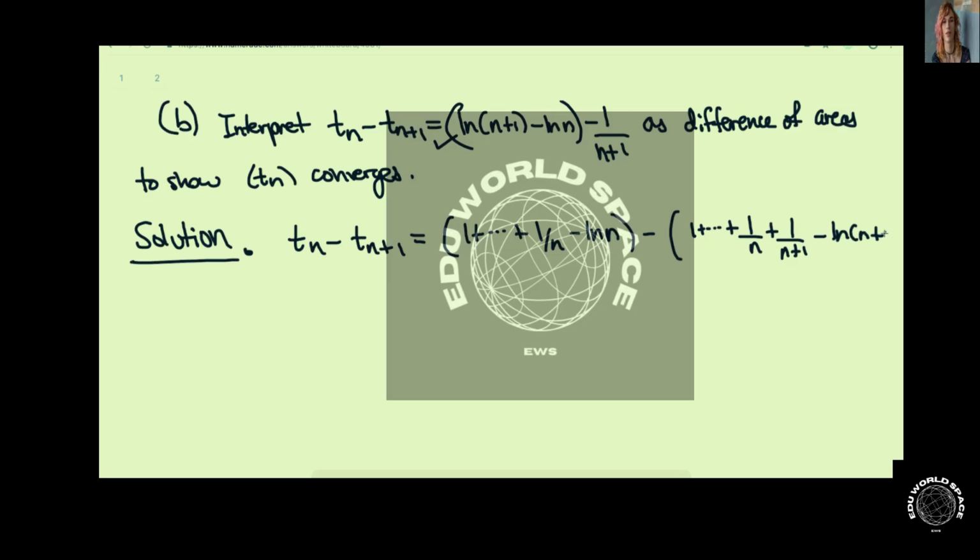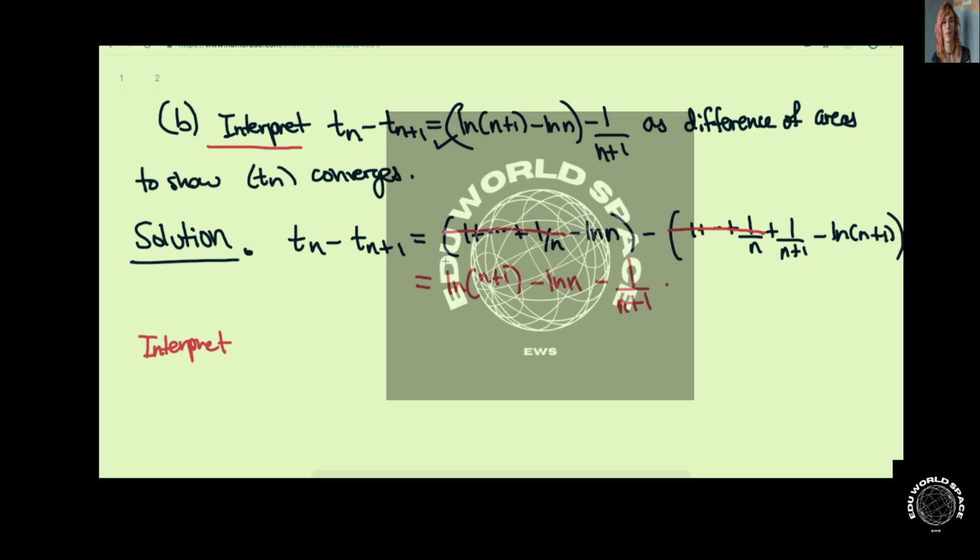Okay, so now after we subtract, we could cancel these, and then watching out for the minus signs here, we'll have ln n plus 1 minus ln n minus 1 over n plus 1. So now let's go ahead and follow the advice here. Let's interpret this as an area.